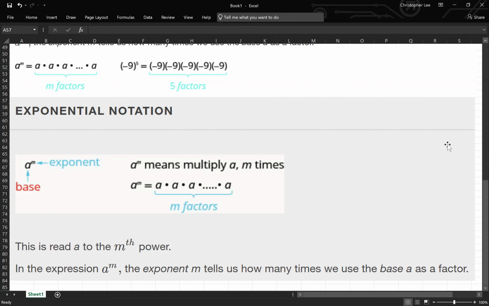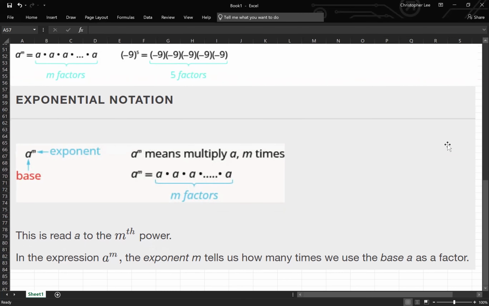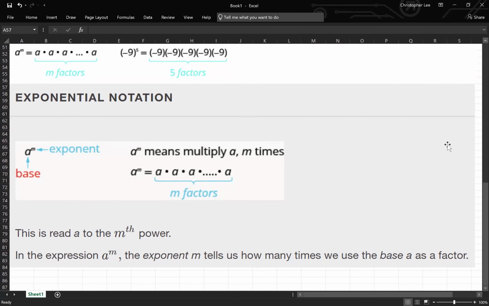By itself, right? So a to the m is equal to a times a times a, however many m times that is, right? This is read as a to the mth power. In the expression a to the m, the exponent m tells us how many times we use the base a as a factor. Just want to be clear about that. All right.